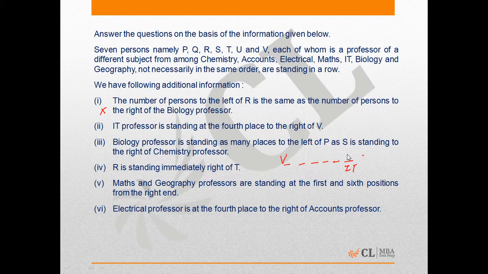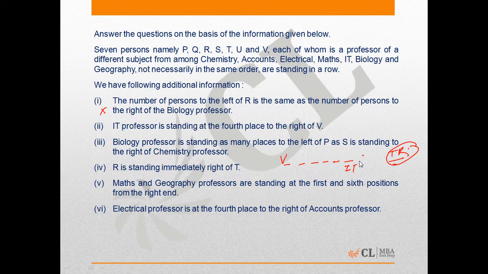R is standing to the immediate left of T. So T is to the immediate right of R. Again, we do not know where to place these two. Now coming to the sixth statement, which states maths and geography professors are standing at the first and sixth position respectively.